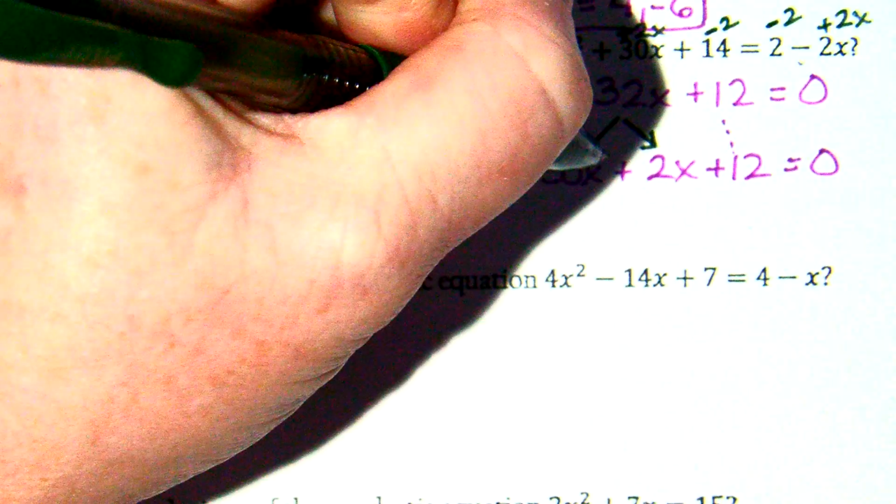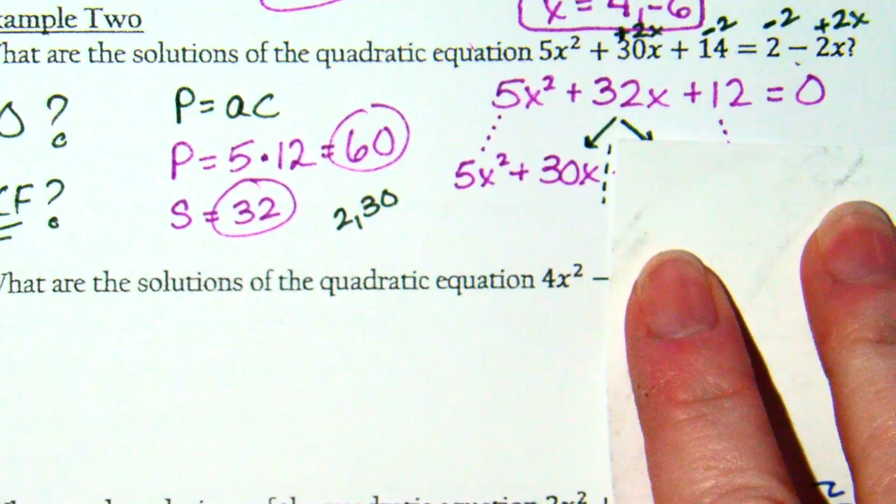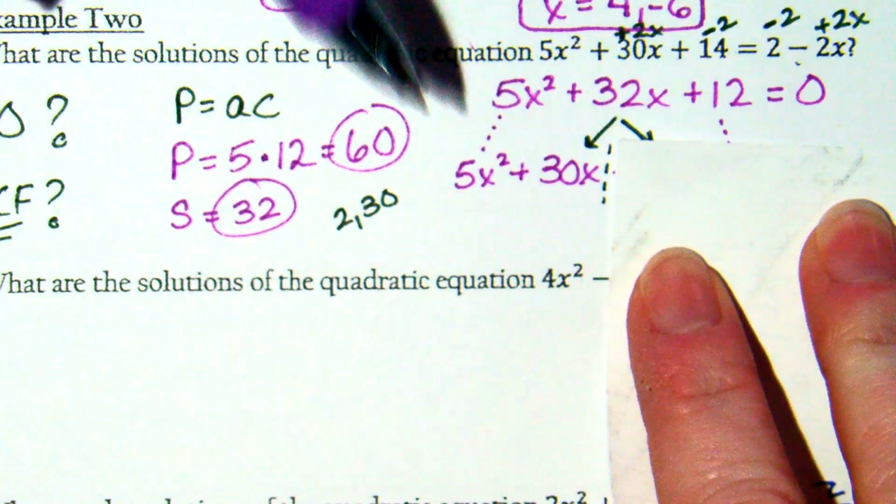4 terms, we're going to split it in half right after the second term. Look at the first 2 terms only. And now you're asking yourself, GCF of the first 2. They both have a 5 in common, and they both have an x in common.